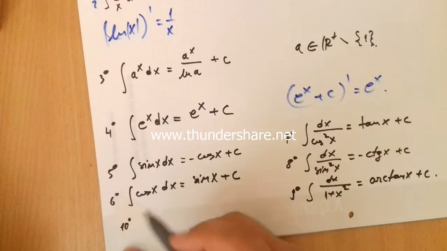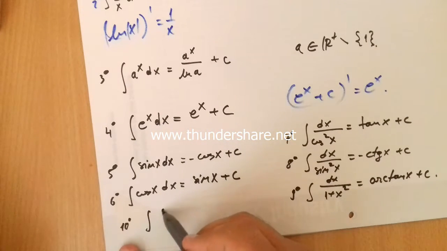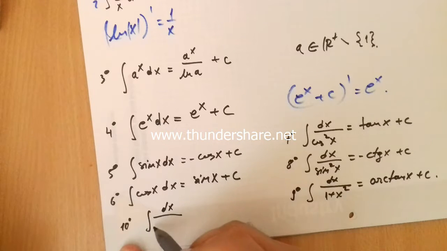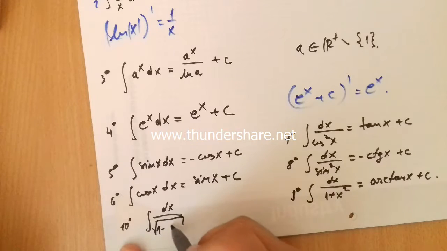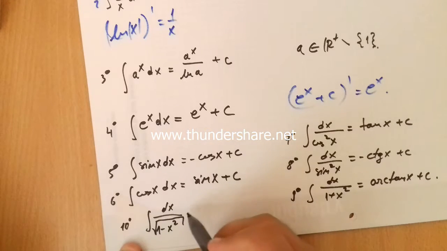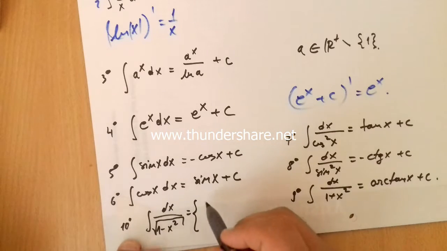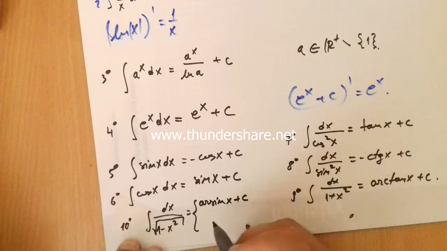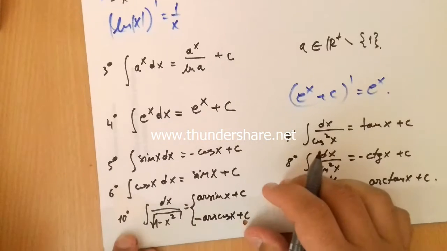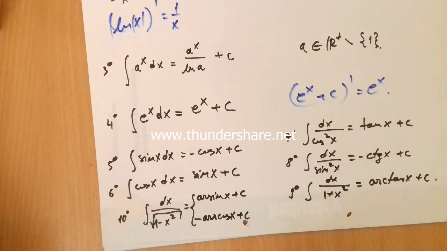And the last one is the integral of dx over the square root of 1 minus x squared, which is arcsine of x plus c, or minus arccosine of x plus c.